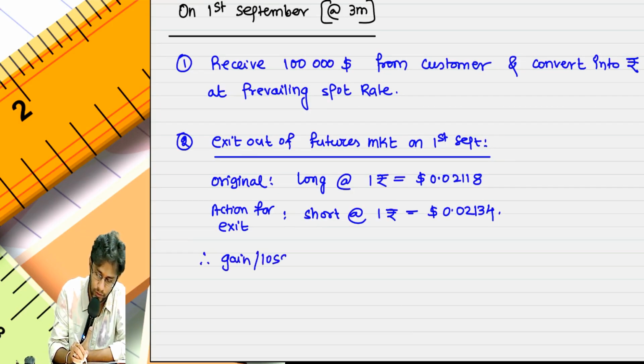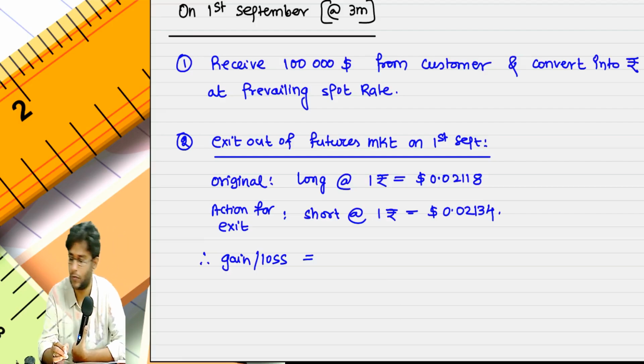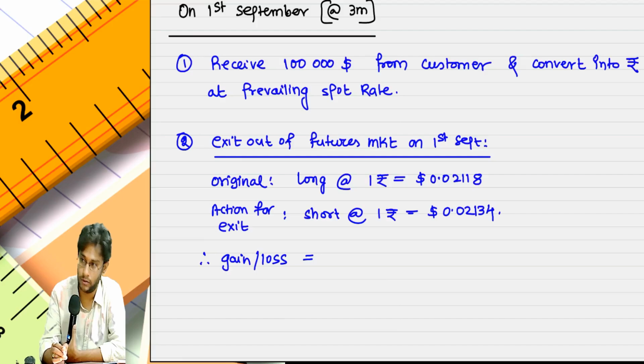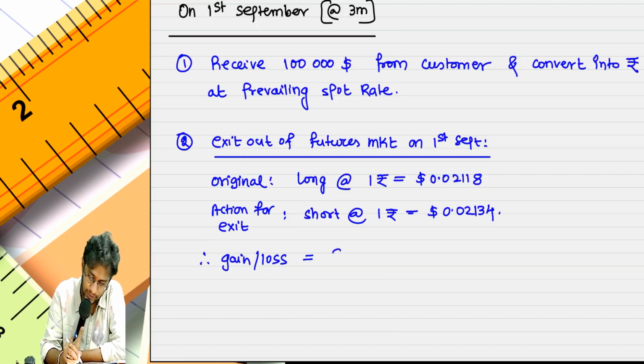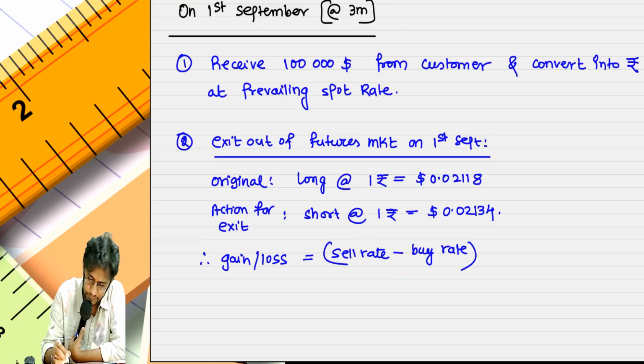Quickly compute gain or loss. So sell rate minus buy rate. Sell rate is short position rate, sir, which is $0.02134.